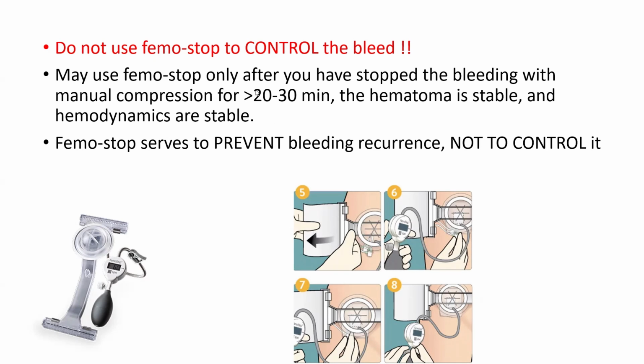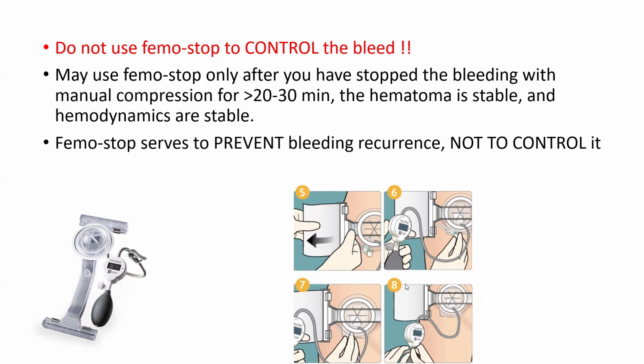You can only use the Femostop after you have stopped the bleeding. The bleeding is controlled. There is no longer a hematoma. The hematoma is soft. You've watched the patient for a few minutes, and it looks like the hematoma is controlled and the patient is stable hemodynamically, then you apply the Femostop potentially to reduce the risk of rebleeding, to prevent rebleeding, not to control it.